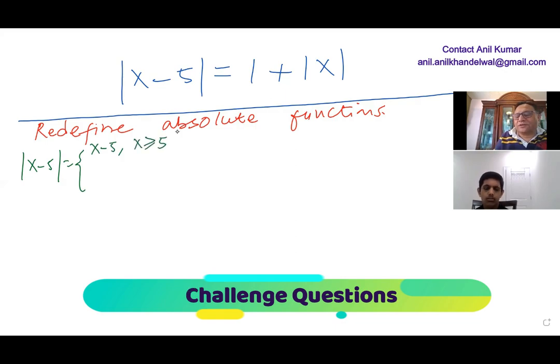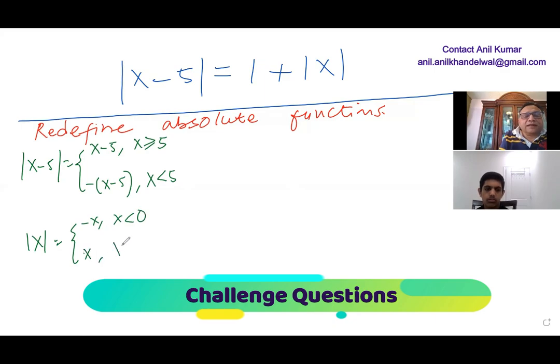Because at 5 it is 0, correct? You get the idea? And it is negative value of x minus 5 if x is less than 5, right? On the other hand, the absolute value of x is equal to negative x when x is less than 0, but positive x when x is greater than or equal to 0, correct?